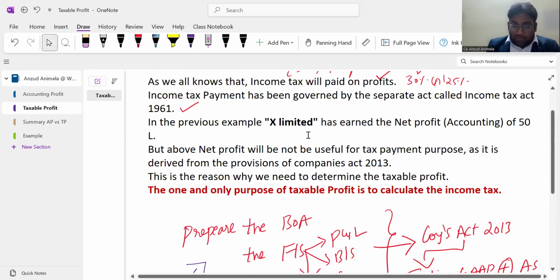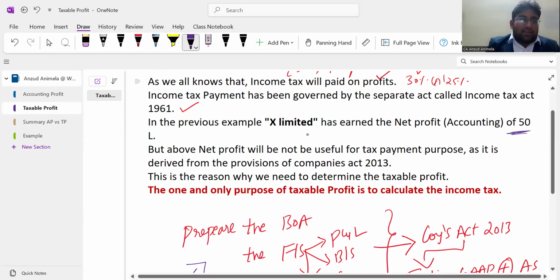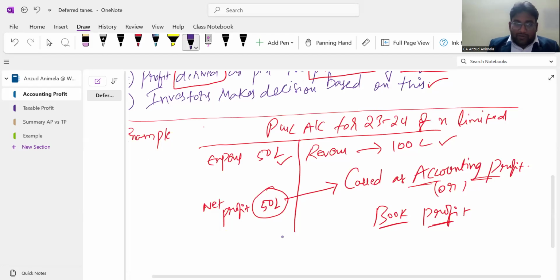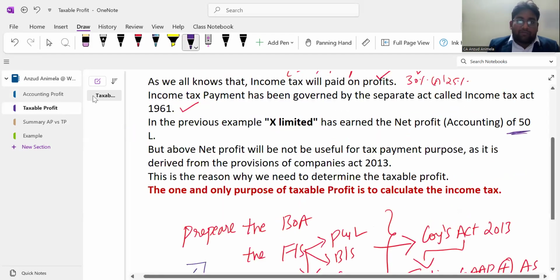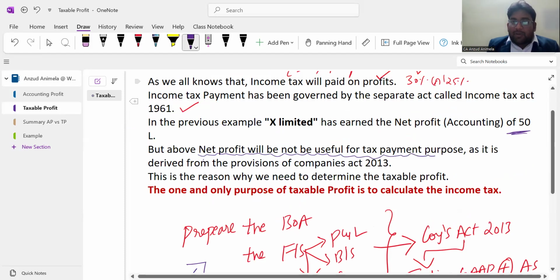Now, in our previous example, X Limited has earned a profit of 50 lakhs. What is the profit here? 50 lakhs. This net profit will not be useful for tax payment purposes.